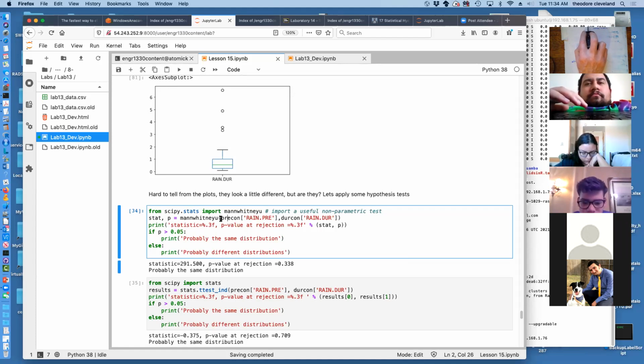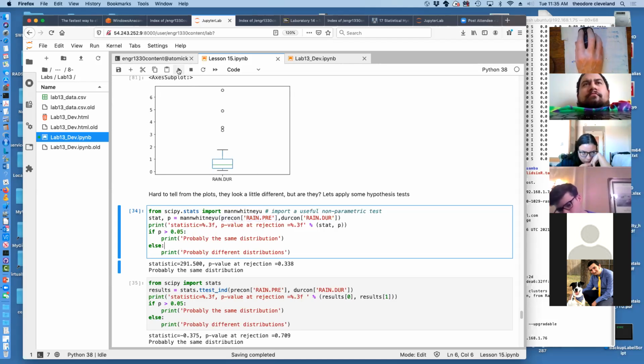And notice in the Mann-Whitney U-test, we can supply our data series as actual columns taken directly out of a pandas table, and the Mann-Whitney code itself in SciPy stats is capable of determining that that is coming from a pandas table and converting it into the correct type that it needs to do the computations.